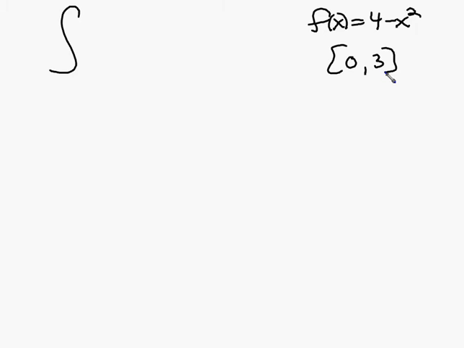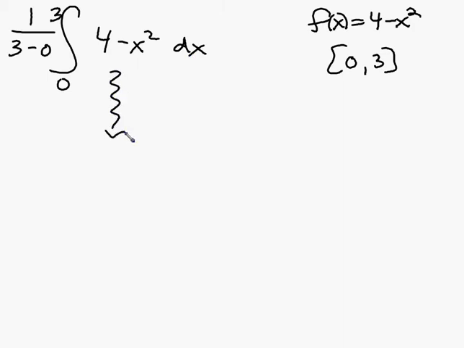The first thing we did was find the average value: 1 over 3 minus 0 times the integral from 0 to 3 of 4 minus x squared dx. What did we find that to be? The integral was 3, wasn't it? Then we multiplied by 1/3, and we got 1.